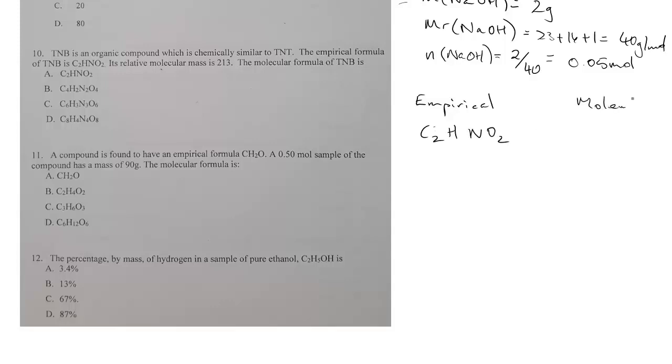And the molecular is unknown, sorry about my handwriting there. What we know is that the molecular molar mass is 213 gram per mole. We need to actually find the empirical molar mass. Now, when we work that out, the empirical molar mass in this question happens to be 71 gram per mole.